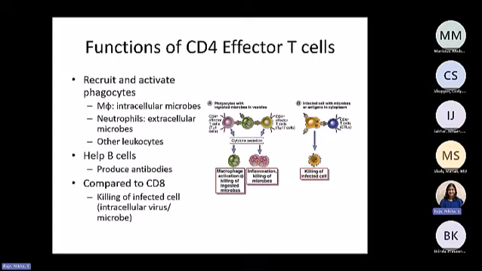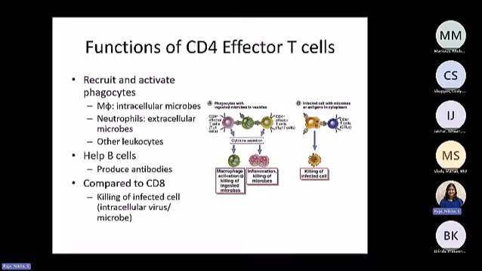That activation leads to proliferation of those cells and then differentiation of those cells into the effector T cells. So now we know that these effector T cells are formed, either the effector T cells that are the Th subsets, or they can also become a memory T cell. And so we are going to focus today on the function of these effector CD4 T cells.